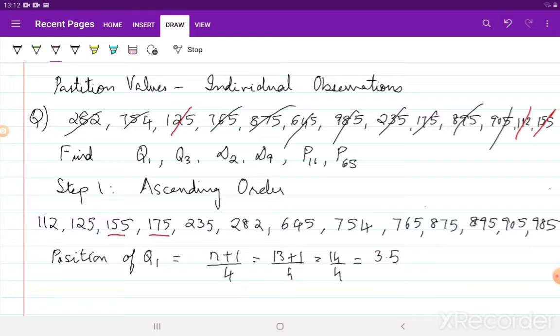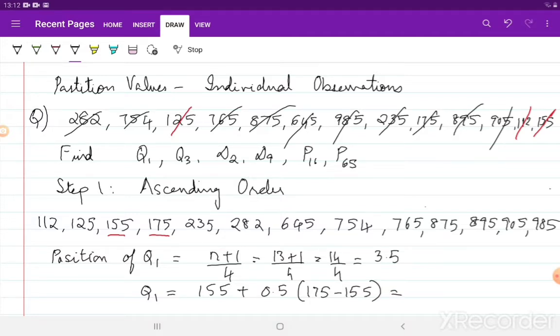So what you're supposed to do to find the value of Q1 is this: it will be 155 plus, since 155 is the third number and you still have 0.5 left from 3.5, 0.5 times the difference between 175 and 155.